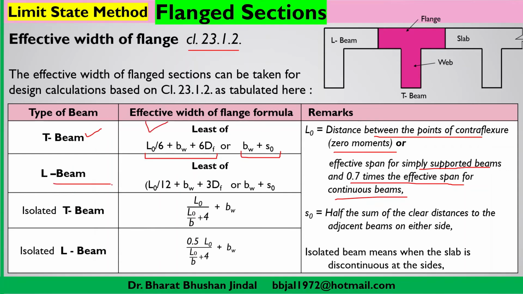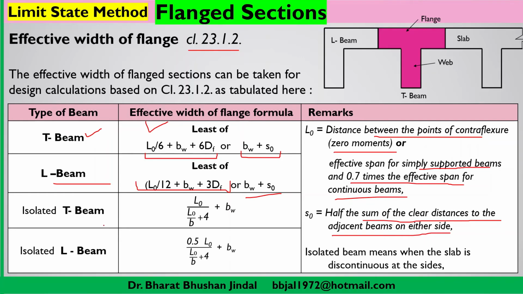And similarly for L beam you have to consider this equation, and this equation is available in IS 456. So from that you can refer. So this is L0 by 12 plus bw plus 3Df, or bw plus S0. What is S0? S0 is half the sum of the clear distance to the adjacent beam on either side. So there may be adjacent beams, accordingly you have to take into consideration.